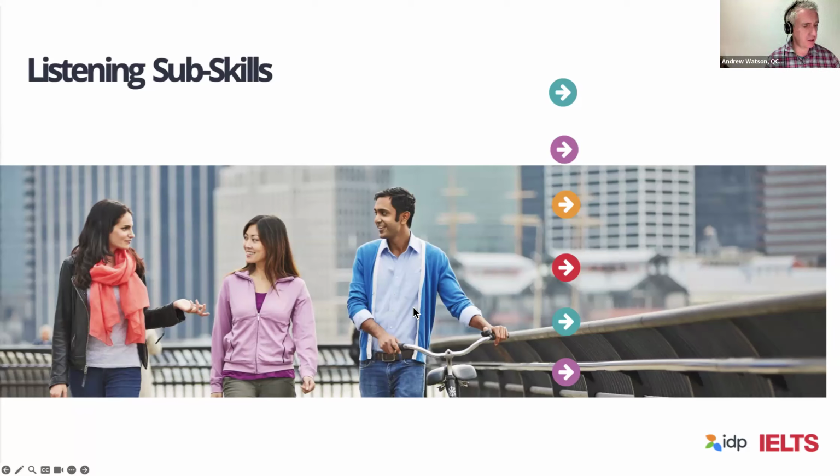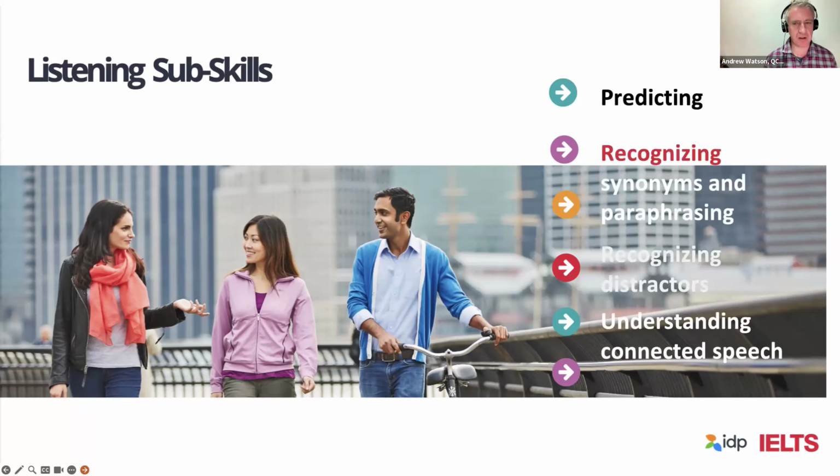Well, the ones I have here, this doesn't seem like an exhaustive list, but the ones they want us to focus on here are things like predicting, recognizing synonyms and paraphrasing, recognizing distractors, and understanding connected speech. They seem to think are important.